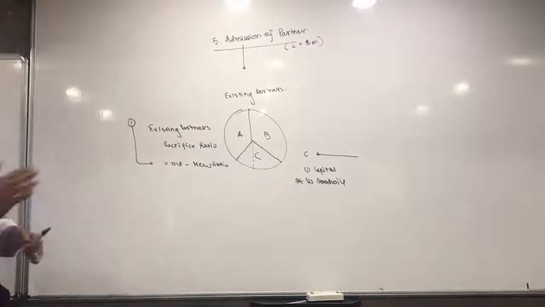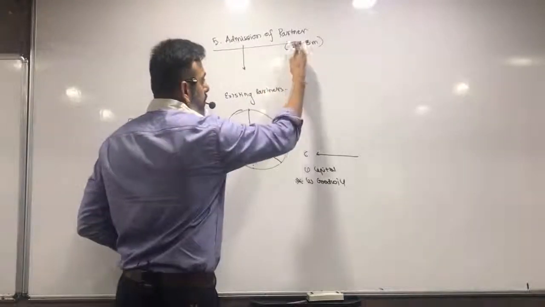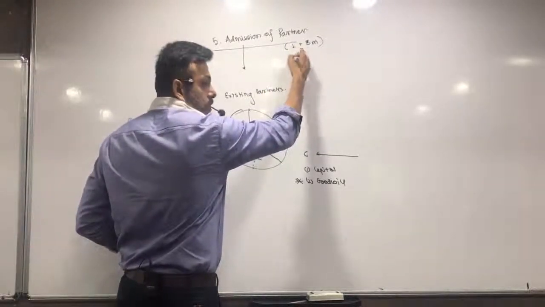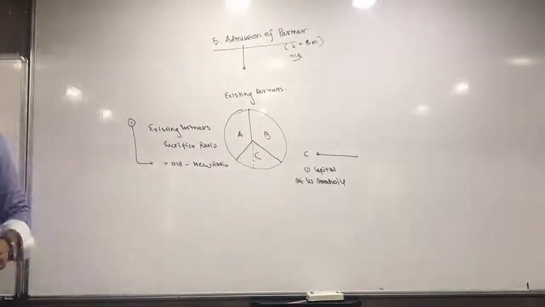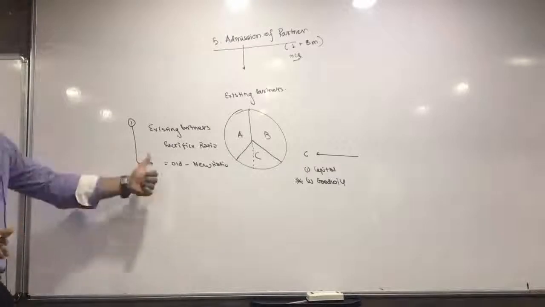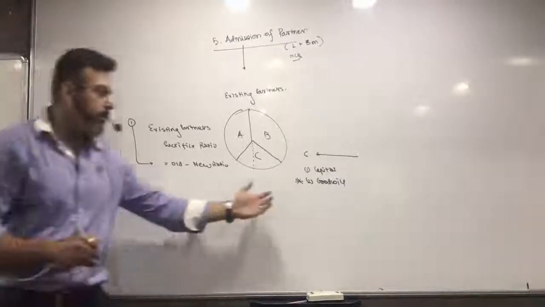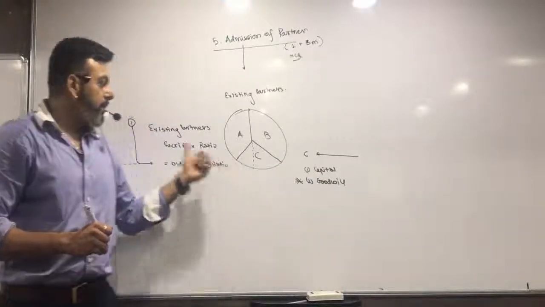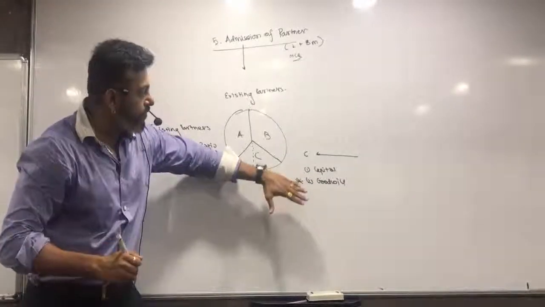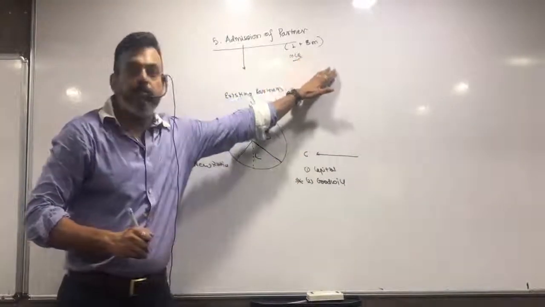So very important, in the exam you have 1 mark MCQ, okay, and 8 marks full-fledged sum. It may happen that you may not get a sum of ratio, or you may not get a 1 mark MCQ of goodwill related entries, but these two are very important because they form part of this 8 marks.